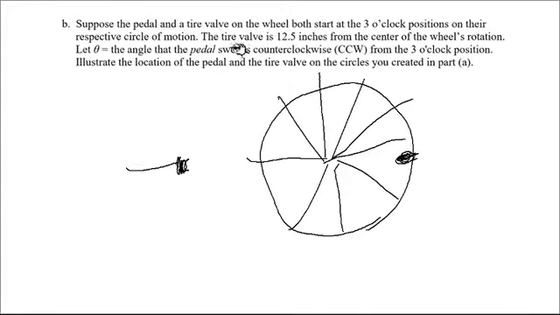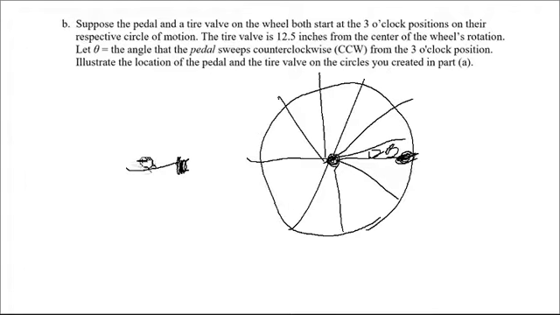It says that the tire valve is 12.5 inches from the center of the wheel's rotation, so that means the radius is 12.5. And it's saying let theta equal the angle the pedal sweeps counterclockwise from the 3 o'clock position. Illustrate the location of the pedal and the tire valve on the circles we created in part A.